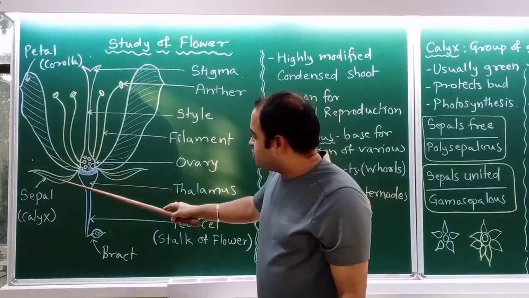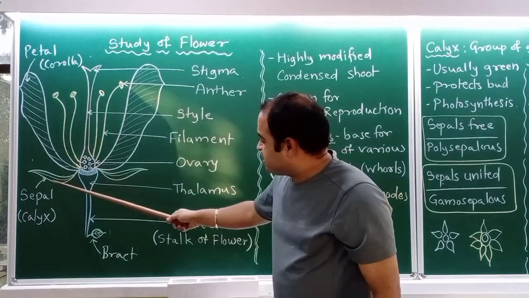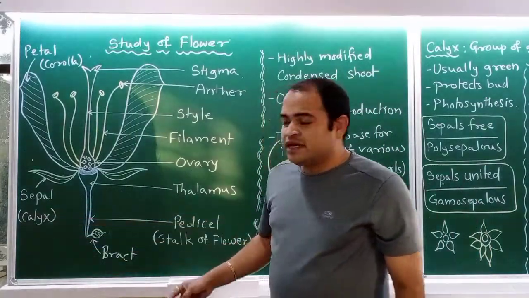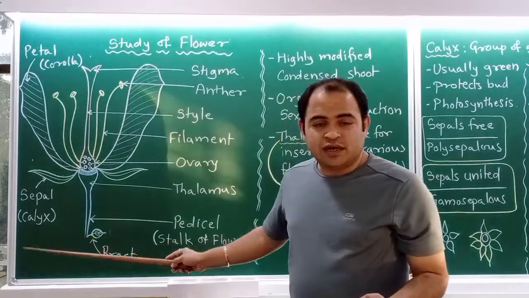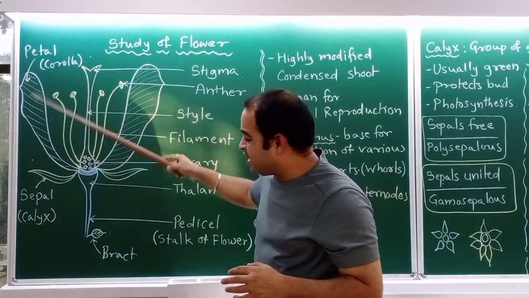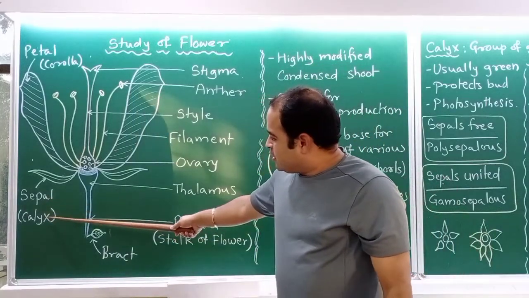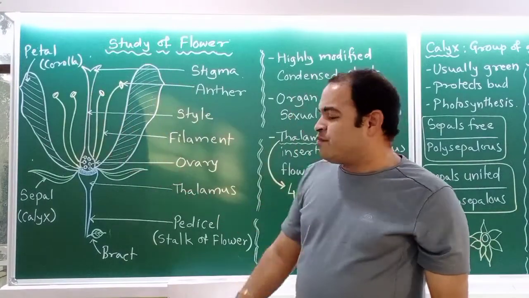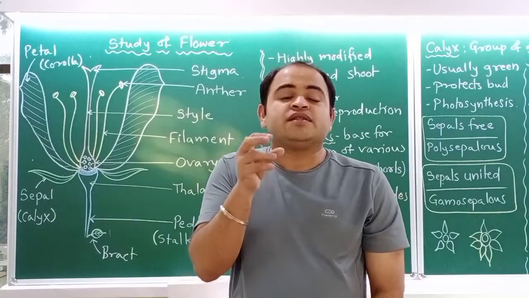So this particular sepal, there are so many sepals, but for our convenience we have taken a two-dimensional figure. Sepals are present, and all the sepals together are called the calyx. Calyx and corolla: corolla is the petals, and sepal is calyx. Always remember. It can be a little confusing. You may call sepals corolla and petals calyx, but do not let that continue for long, because it is not to our benefit. So sepal is actually calyx, and corolla means petal. Do you get it? So always remember, sepals appear green in color and protect the bud of the flower.